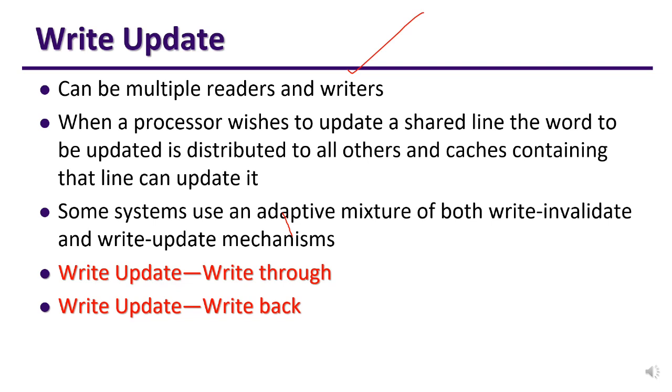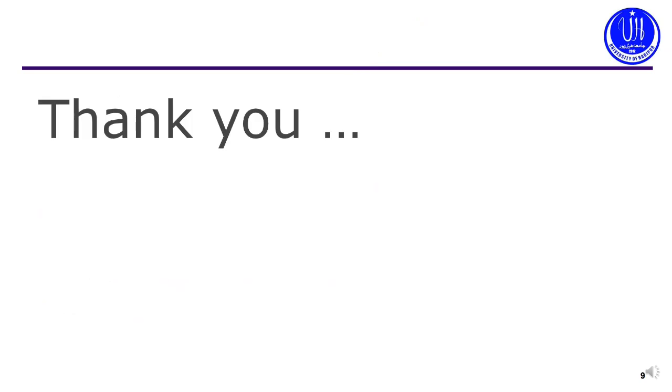When a processor wishes to update a shared line, the word to be updated is distributed among the caches. Some systems use a mix of both write invalidate and write update mechanisms. Okay, thank you so much.